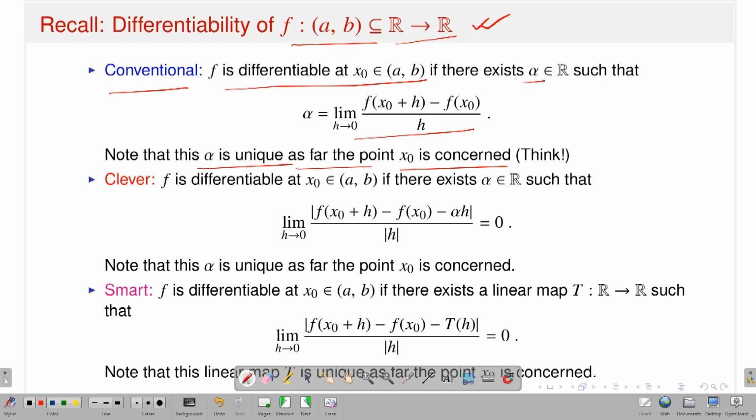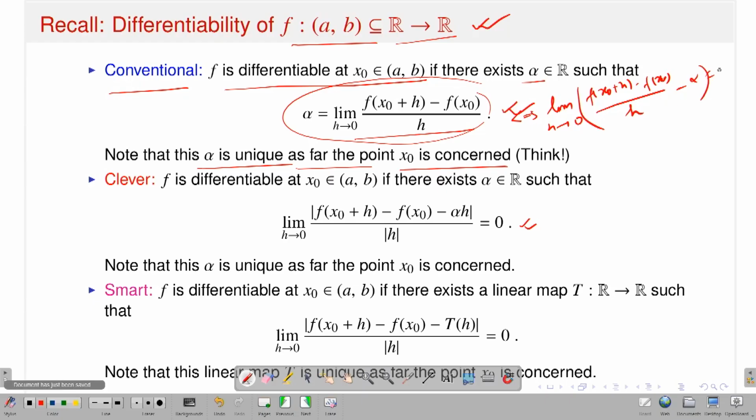That is one way. Now, I would like to see the above in another form. This is the definition you are familiar with, and it is the same as, or if and only if, the limit as h approaches 0 of f of x naught plus h minus f of x naught divided by h minus alpha is 0.